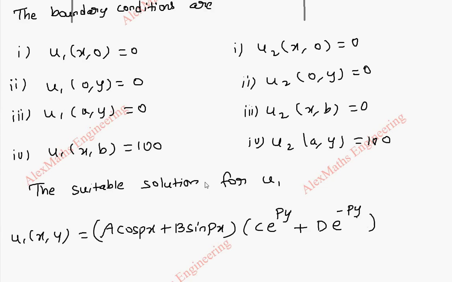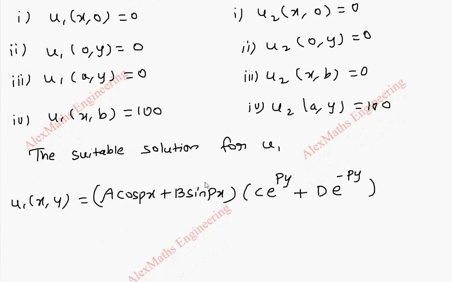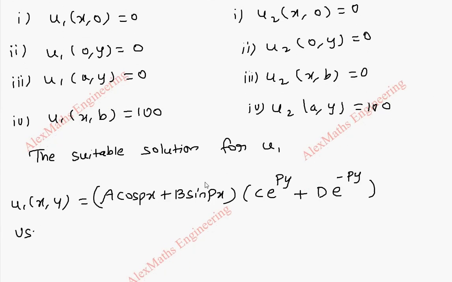We are going to use the first condition. So using the first condition, which is u1 of x comma 0, in this case it is difficult to arrive at the solution. So we have to use the second condition first.